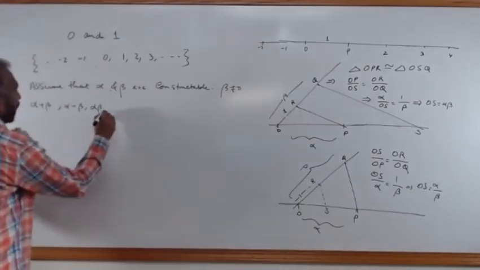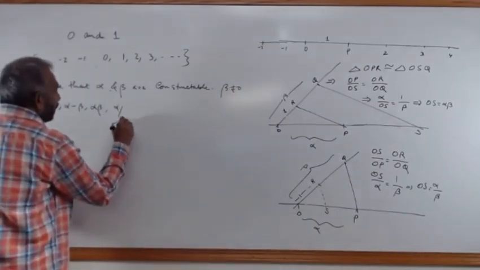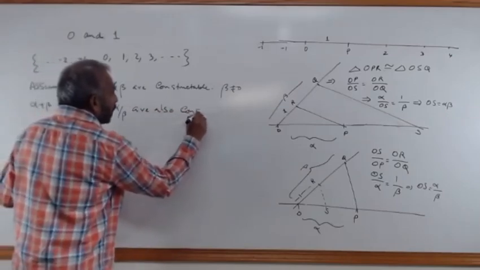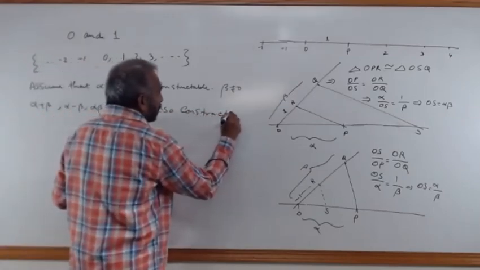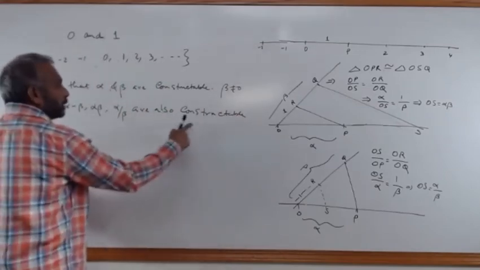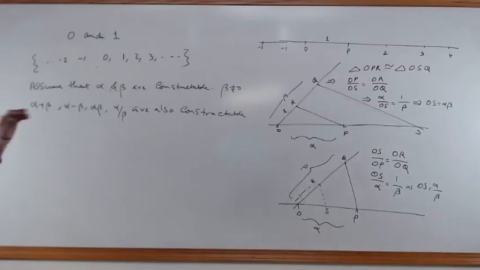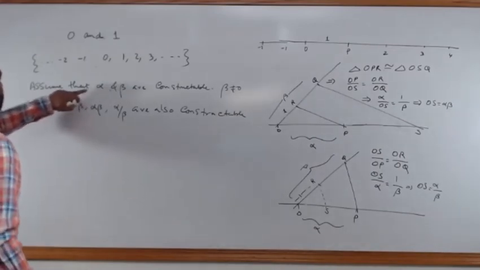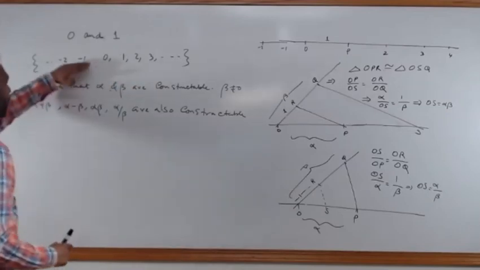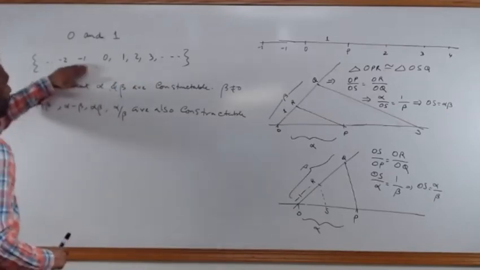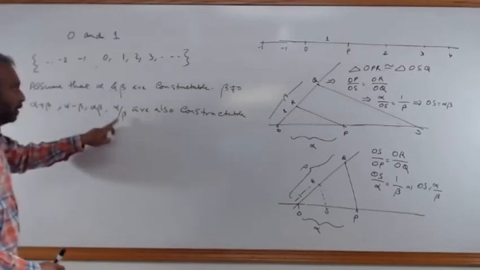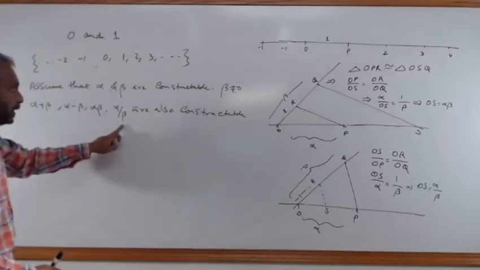So alpha by beta is also constructible. If alpha and beta are constructible, these are constructible. So what we have is only the integers. So we can construct 1 by 2, 2 by 3, 4 by 6, all we can construct because alpha by beta is constructible.